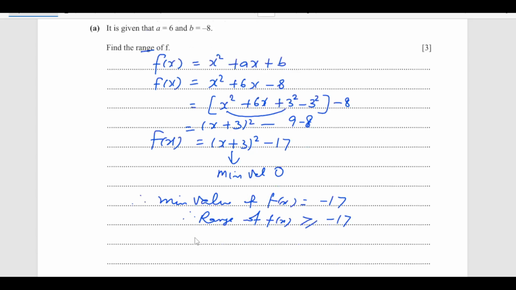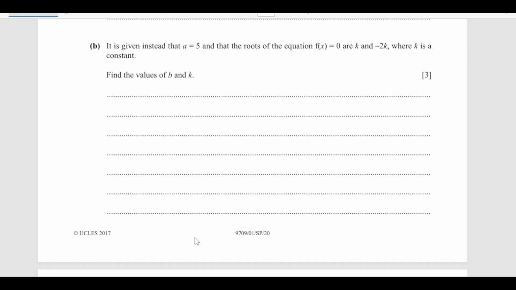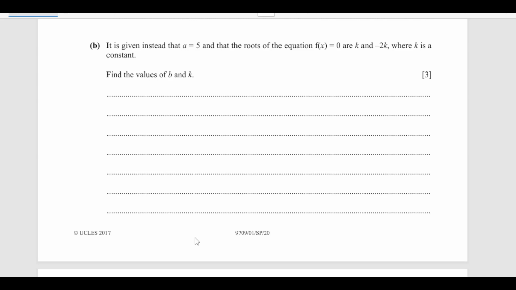Okay. Now, part B. It is given instead that a is equal to 5 and the roots of the equation f(x) equals 0 are k and negative 2k, where k is a constant.